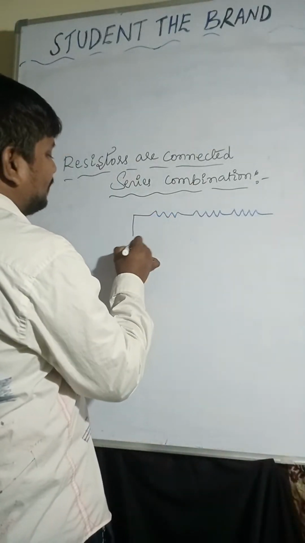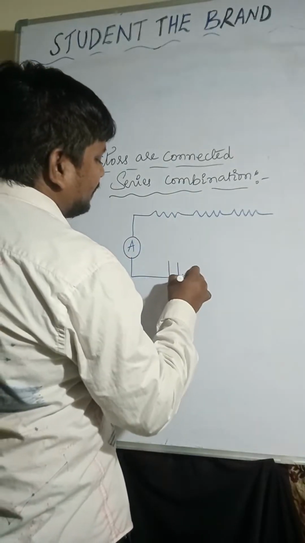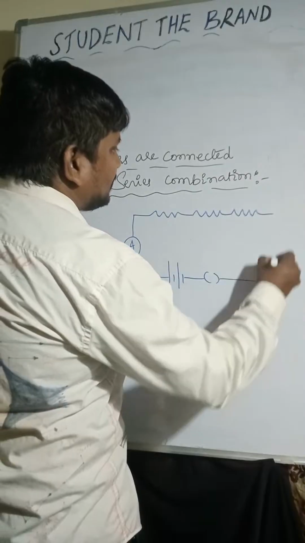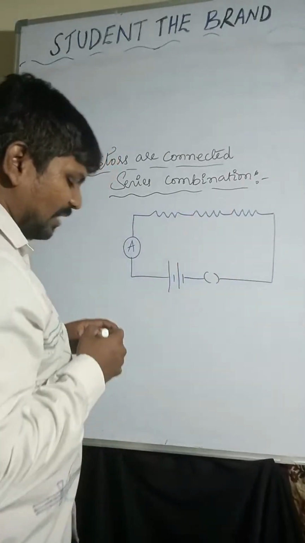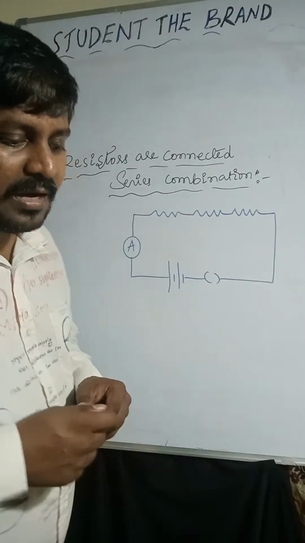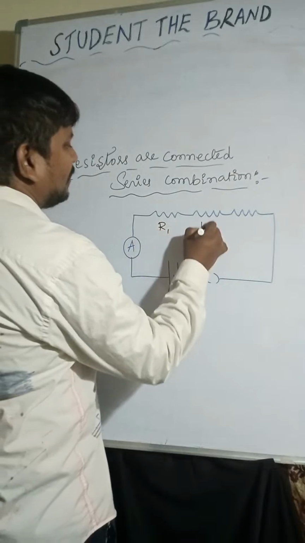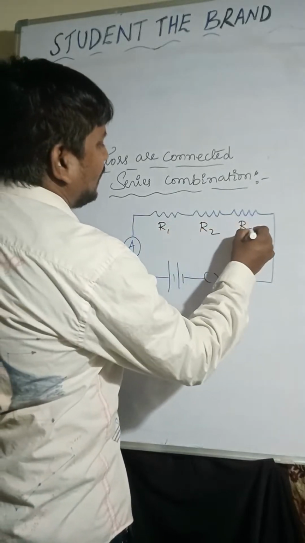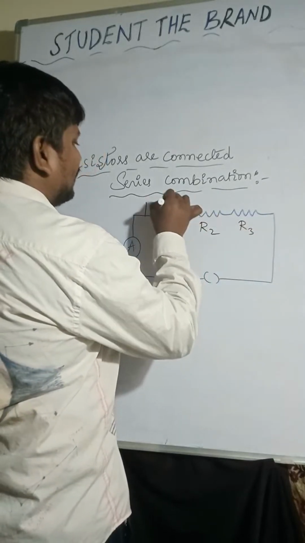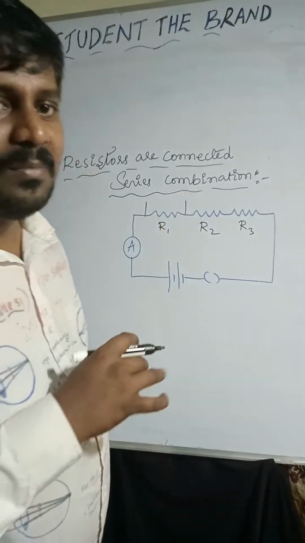I am taking this ammeter, battery, switch. So this is R1, R2, R3. Ammeter or voltmeter, what do I have to connect?